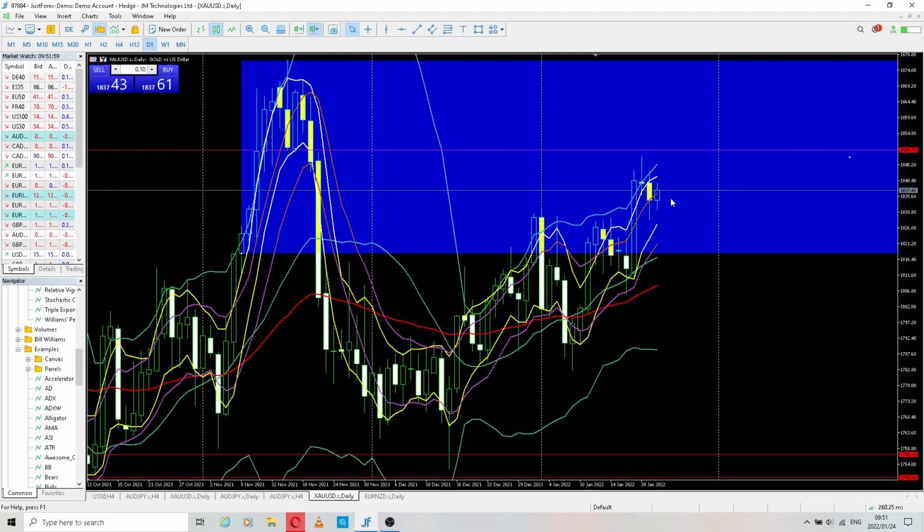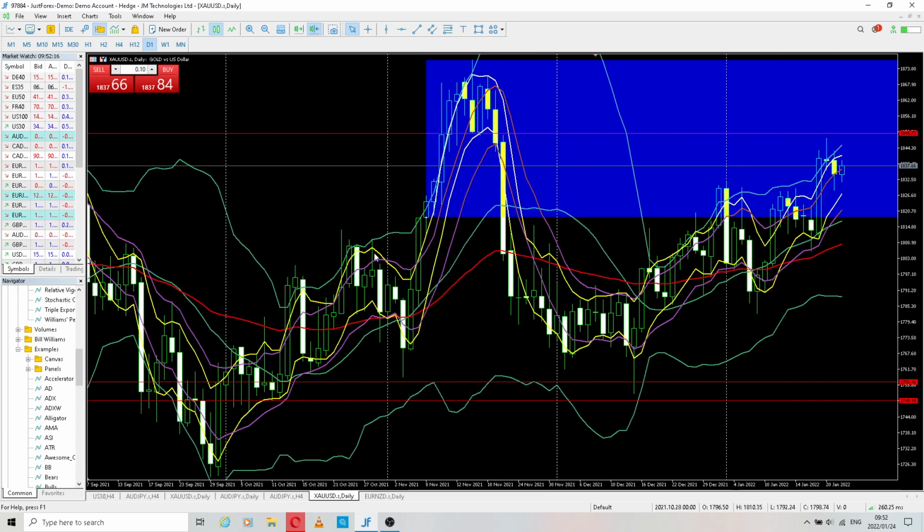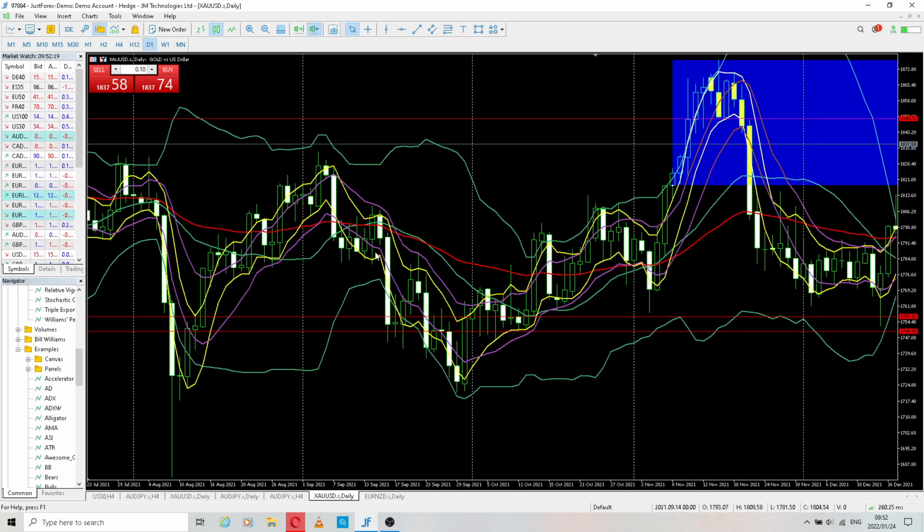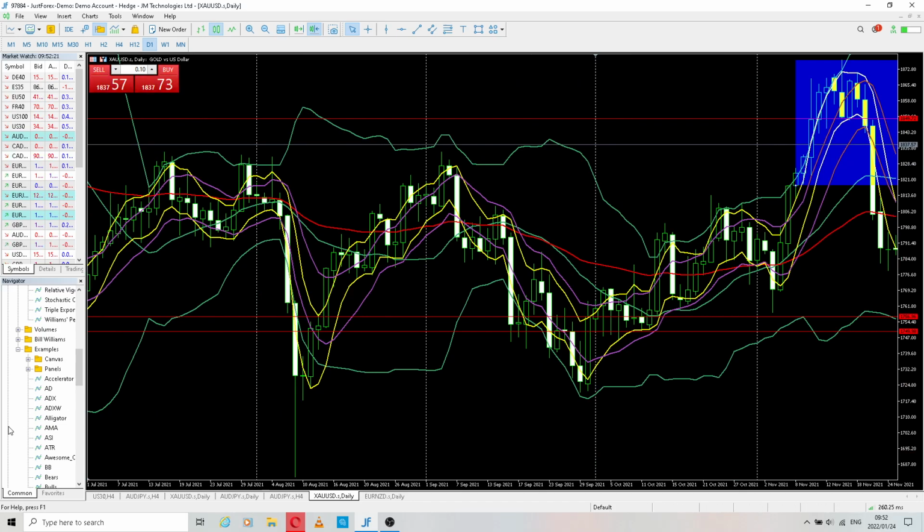Then we might see the market going and touching this zone here. Once the market touches that zone, we know that we might see the market turning and going to the downside. But remember the codes, guys, you still have to use the codes.